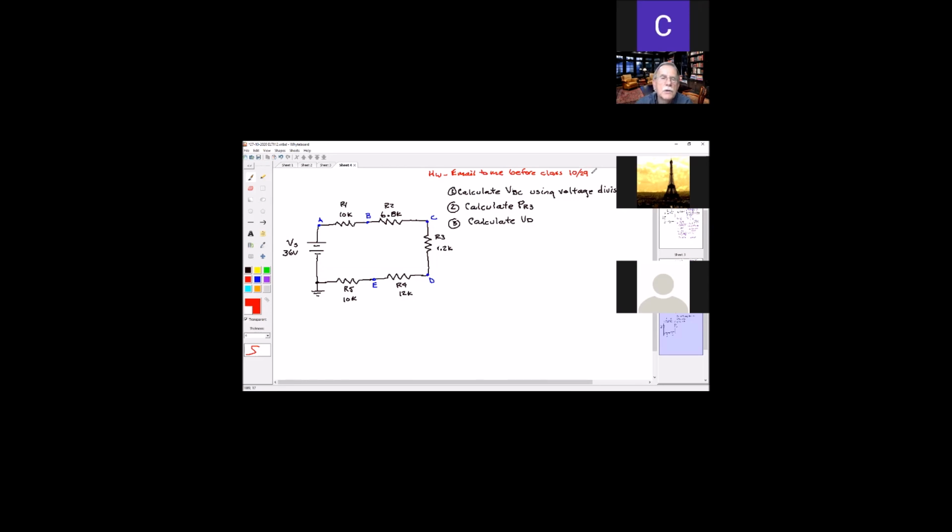Calculate the voltage that is across from, oops, that should be VE. Calculate the voltage from E to ground.